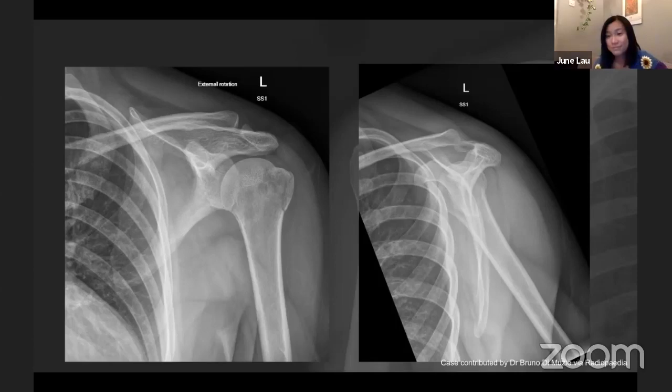Humeral head fracture. What else? Someone said anterior shoulder dislocation, greater tubercle fracture. The majority of them said humerus head fracture. Great. So you're all right.